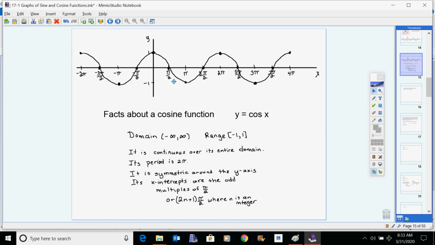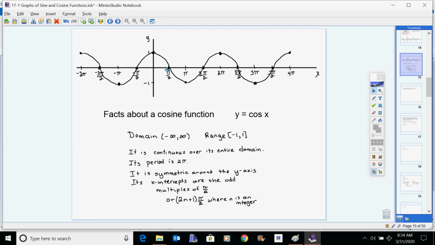The x-intercepts are the odd multiples of pi over 2. So pi over 2, 3 pi over 2, 5 pi over 2, 7 pi over 2. Technically, the way you would write that would be 2n plus 1 times pi over 2.